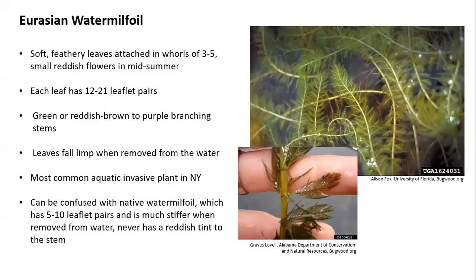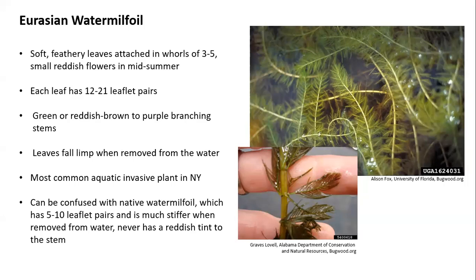So I'm going to start off with Eurasian watermilfoil. Eurasian watermilfoil is the most common aquatic invasive plant in New York. And it's pretty widespread throughout the Finger Lakes region. So you are more than likely to encounter this plant. It has very soft, feathery leaves that are attached to the stem in whorls of 3 to 5, and they develop small reddish flowers in the midsummer.